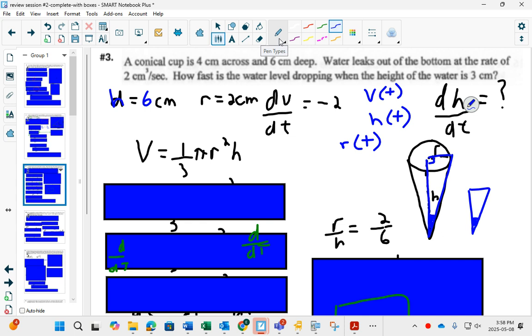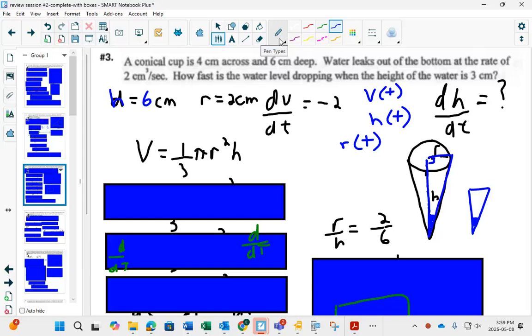It hasn't changed as it goes down that cone. So those are similar triangles. Because they're similar triangles, the ratio of the radius divided by the height always has to be 2 divided by 6, because my big one, the radius is 2, and my height is 6. That would be my tan ratio.